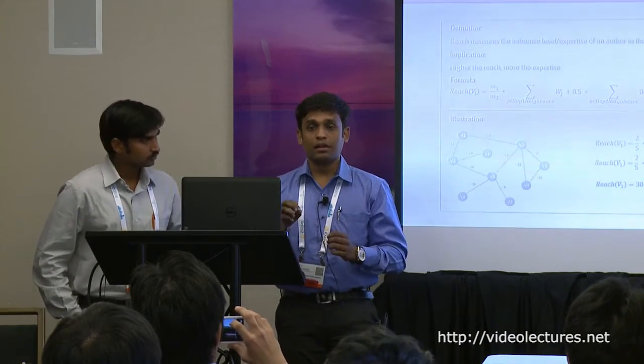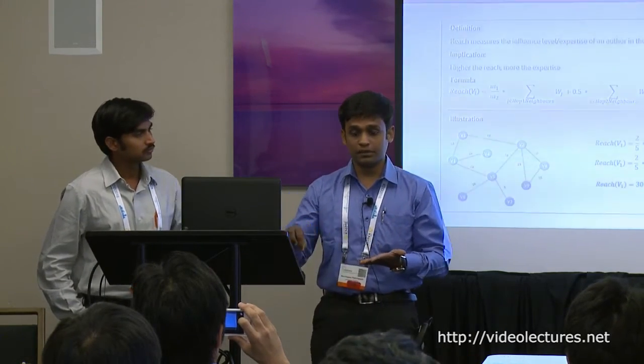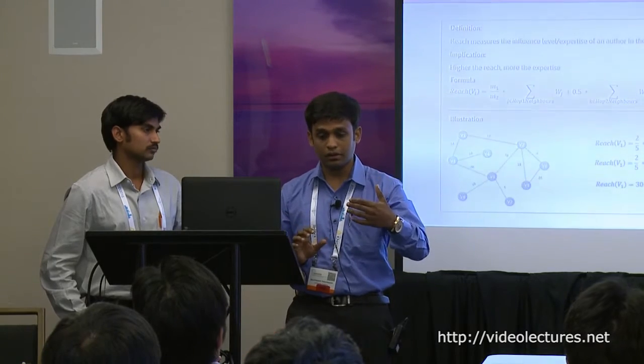The chances of him collaborating with another author are higher if they are more related and have collaborated in the past. The edge weight represents how many times the particular authors have collaborated in the past.